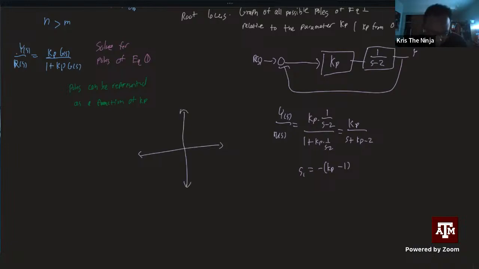At Kp equals 0, s1 will equal 2. So we put that right there for 2.